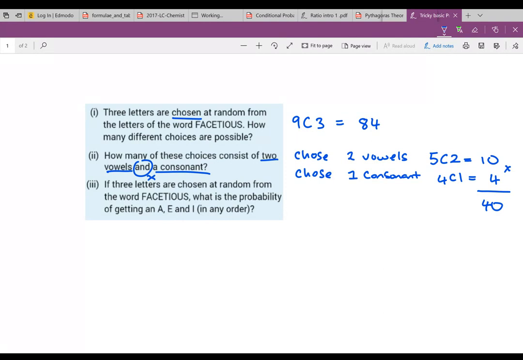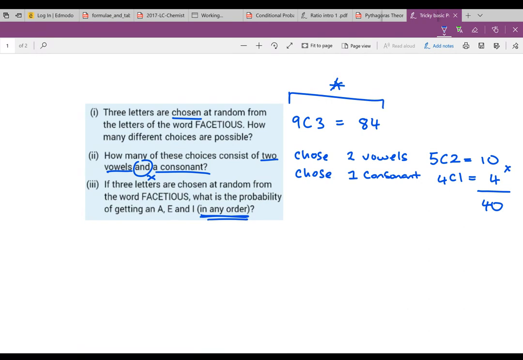If 3 letters are chosen at random from the word, what is the probability of getting an A, an E, and an I in any order? So I don't have to account for a difference in getting A, I, E, or I, E, A. This 84 up here, when I use choose, does not account for any order.